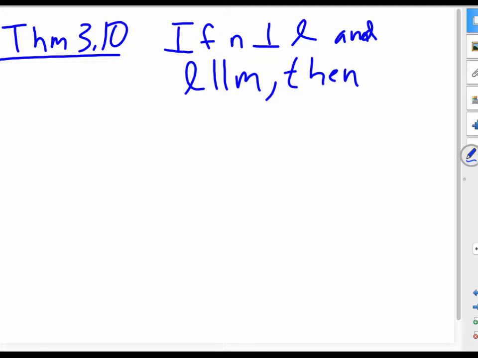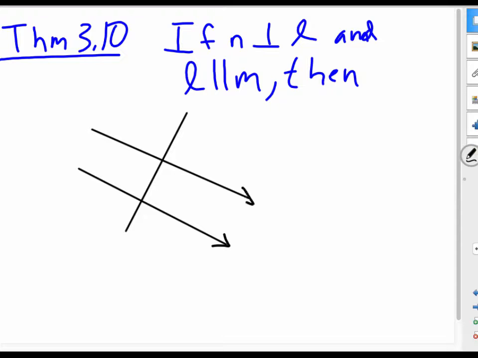So let me draw this out real quick. So if I have, okay, so we'll label this L, this will be M, this will be N. And so what they're saying is, if this is perpendicular to this, and these two lines are parallel, then what can we conclude from that?